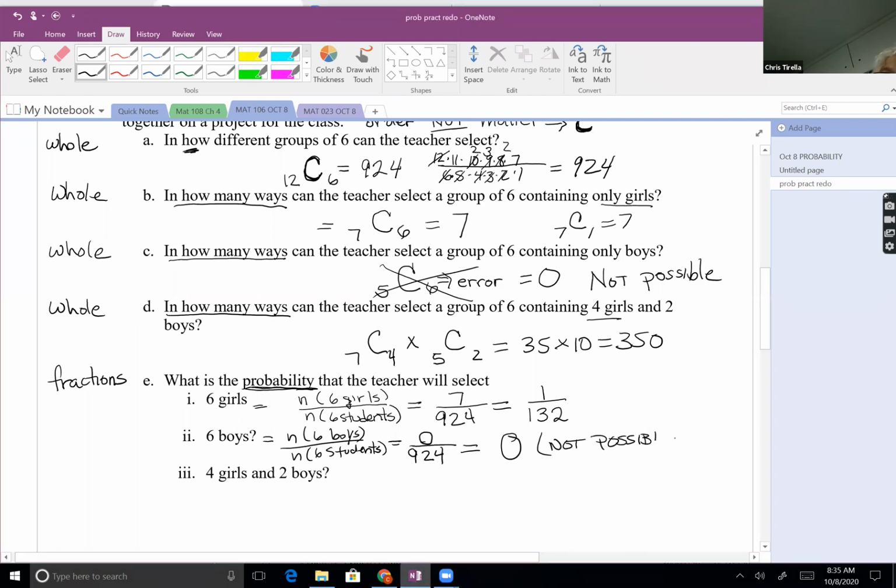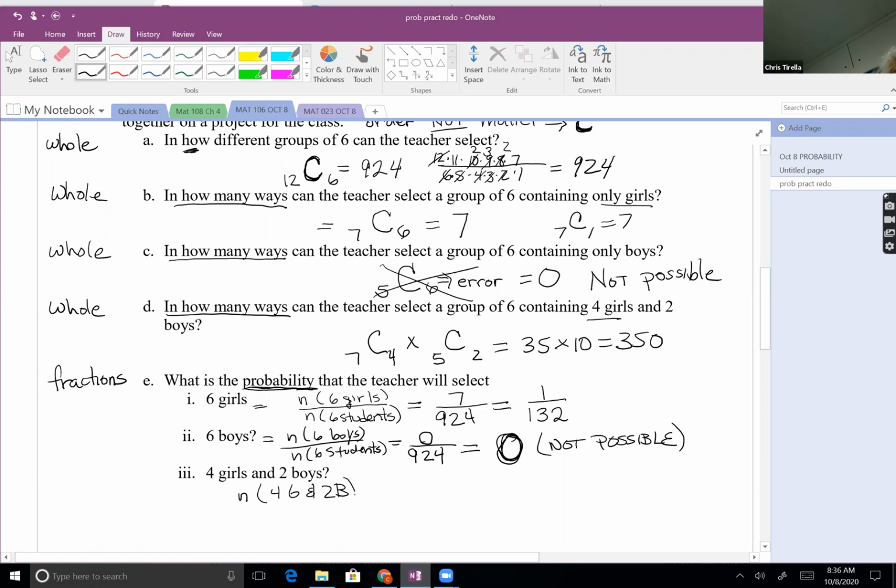If you know that something's not possible, you can show that work if you want to, but you can just acknowledge the fact that it's not possible, and therefore the probability must be 0. So now the probability that we have 4 girls and 2 boys is the number of ways I can get 4 girls and 2 boys.